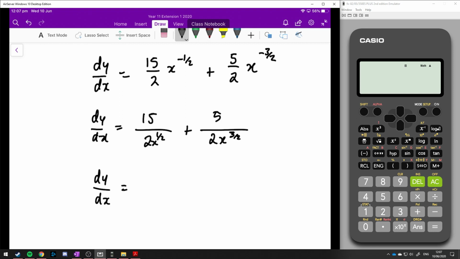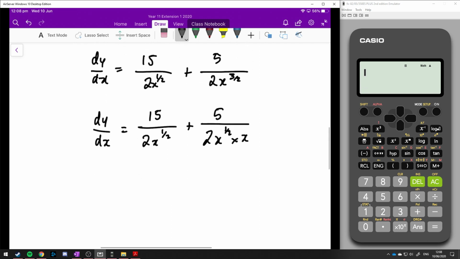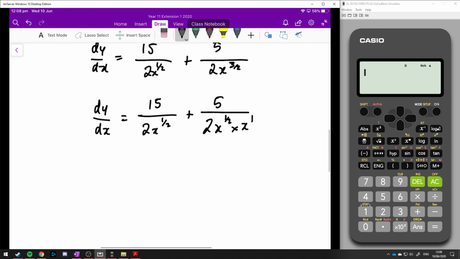This is the trickier question of the day, I should point out, before I jump into this little hard bit of algebra. On the other side, I've got 2x to the half times x. The reason I'm writing it like this is because I want to make the denominators the same, like I did on the other side, so that when I solve it, it's much easier.